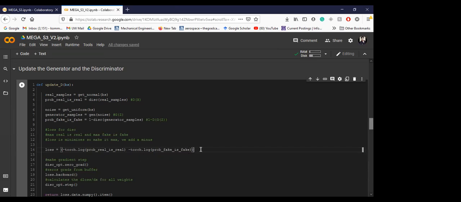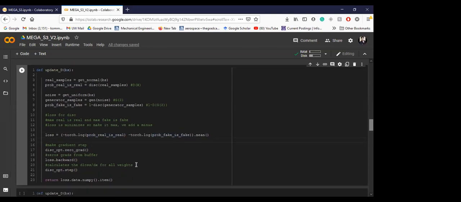And we also have the expectation value in front of our loss function, so we just write mean. Okay, so the loss function of the discriminator is essentially maximizing the probability that something real is real and something fake is fake. That's it.